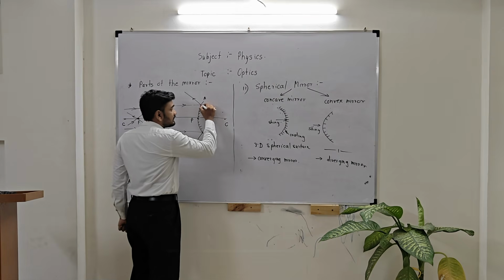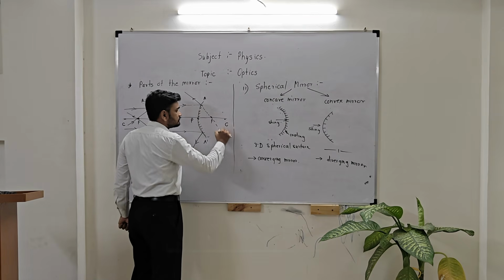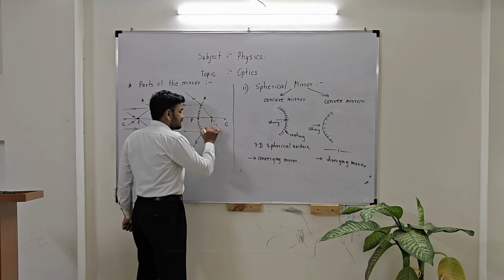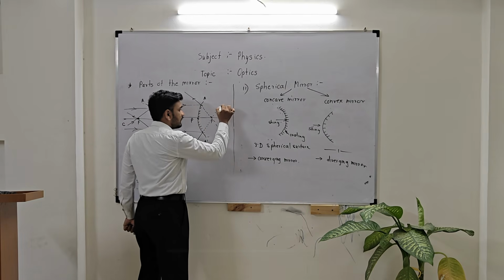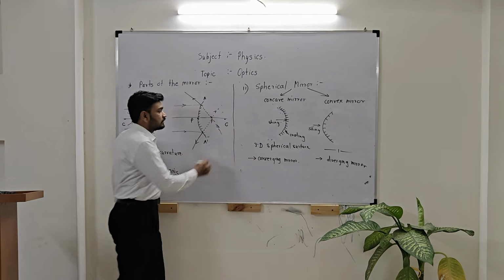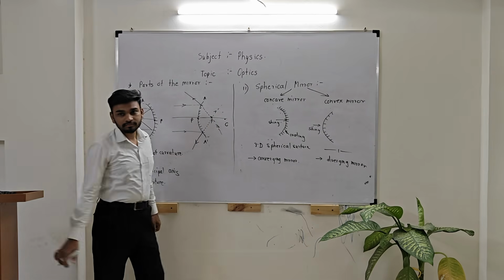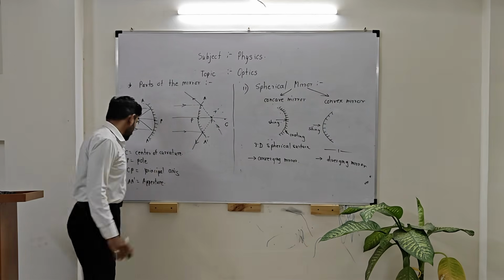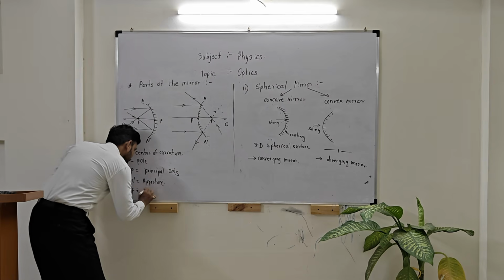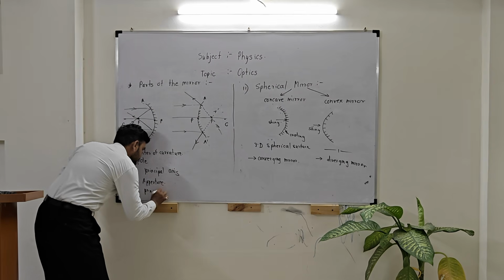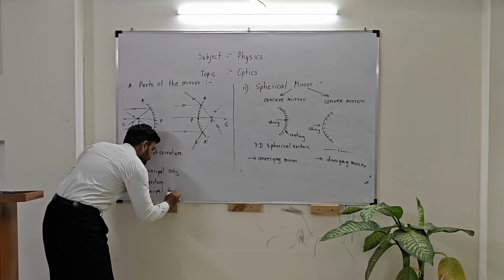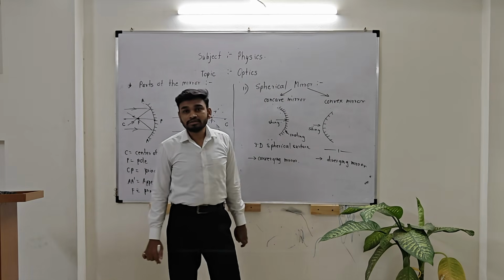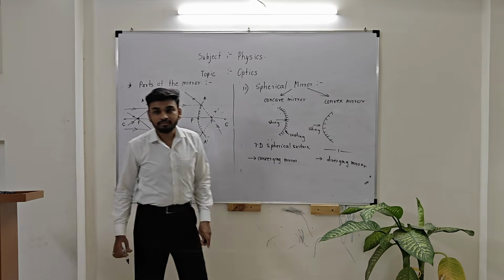But if I take the apparent part of this mirror's reflected rays and extend them further, they coincide at a single point, and that point is the principal focus. So here F is the principal focus, and that's why this mirror is known as a divergent mirror.